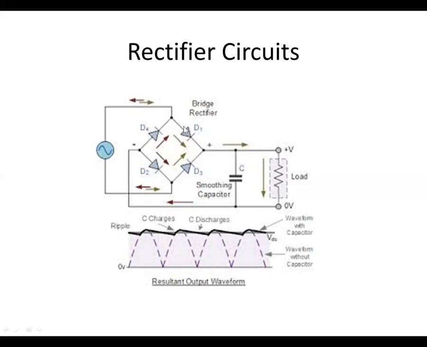And the way the bridge works is that when this is positive, the current flows through this diode, and it's blocked by this diode. So that would be this right here going positive. When this is negative, then the current flows through this diode and is blocked by that diode, and that's what gives us this second hump.